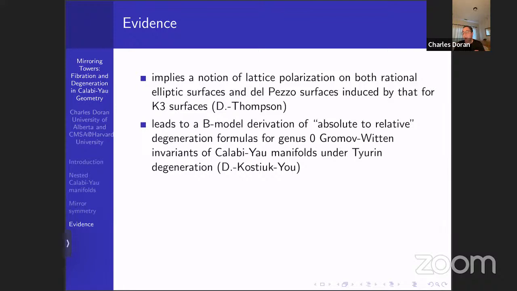So, in effect, by gluing periods on the Landau-Ginzburg side, the fibration side, we're able to combine that with mirror maps and relative mirror maps in such a way as to give a B-model derivation of such a degeneration formula.